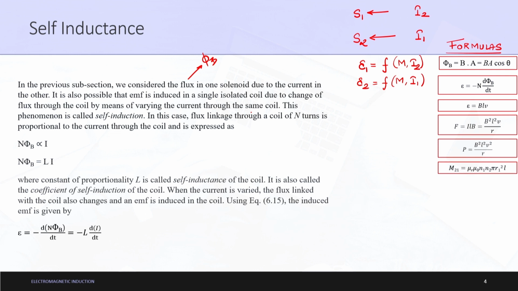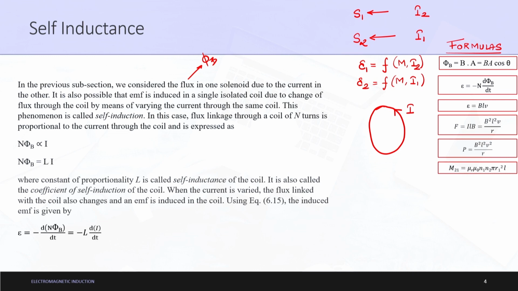So, the concept being talked about here is that there is no neighboring coil. If this is the only coil we are talking about, let me draw it carefully, and let us say the current is passed through it like this. Let us say this is I only, there is no need for denotation here because there are not two coils.